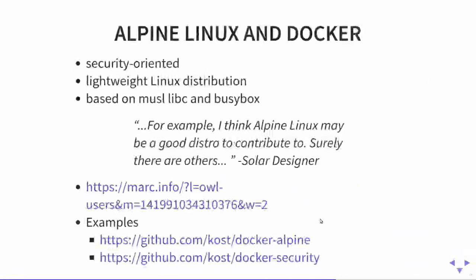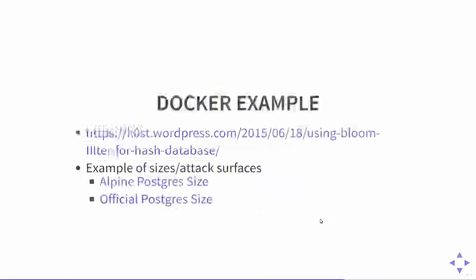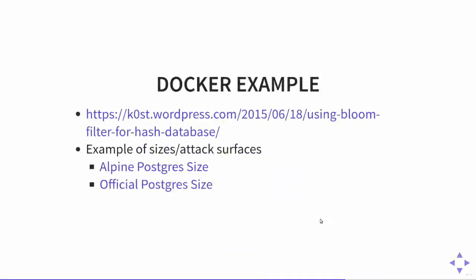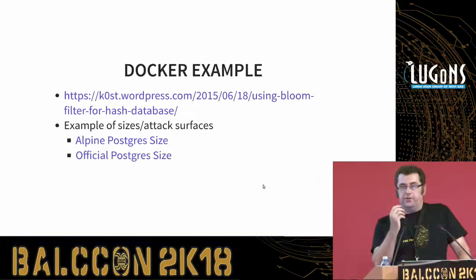So I will talk much more about Alpine as well. It's a security-oriented distribution, and it's now mostly popular for building Docker images. It's definitely one of the good examples of how you can get a very, very small image. For example, here, is anyone from the forensics or incident response side familiar with known file hashes?